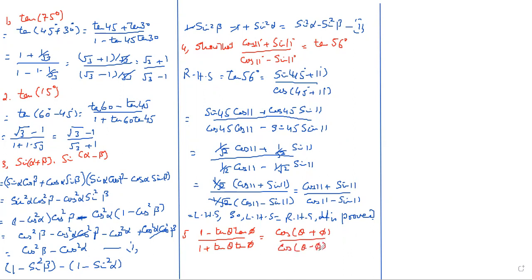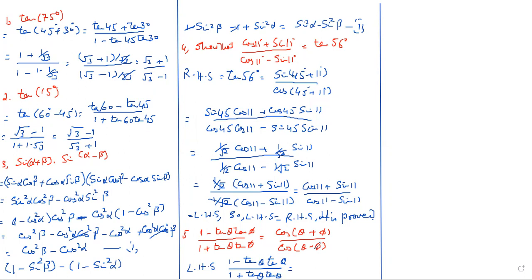Okay, so just taking the left hand side, which equals 1 minus tangent theta tangent phi divided by 1 plus tangent theta tangent phi. Right?